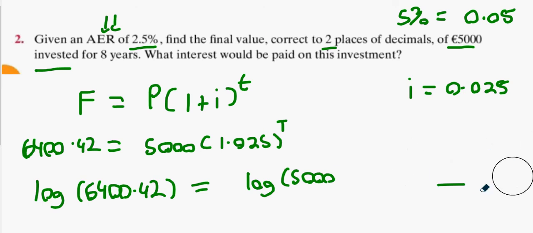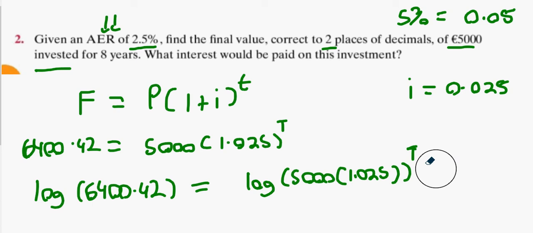So what is the most common mistake everybody makes here? Can anybody tell me? They try to move the T. Why are you not allowed to move that T? Why is the T unmovable at the moment? It's not 5,000 to the power of T. It's only the 1.025 to the power of T. So that's not going to work out.